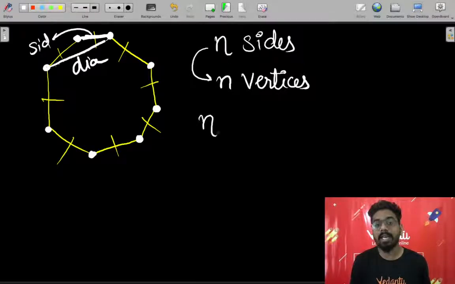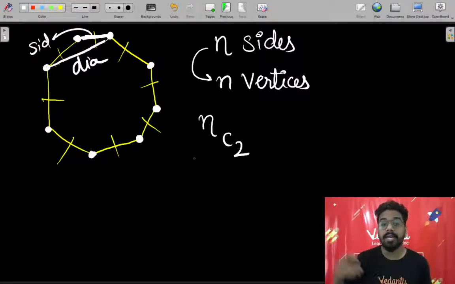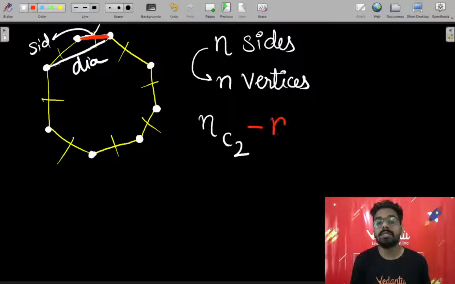So out of n, I will select 2 points. But ultimately in nC2 I have counted sides also, क्योंकि अगर मैं 2 पॉइंट सेलेक्ट करूंगा तो हो सकता है ये दोनों पॉइंट भी सेलेक्ट हो जाए. हो सकता है we will select these 2 points and we will create a side. So we have to subtract the number of sides from nC2 and whatever is left will be the number of diagonals. तो यहाँ पर आप लिख सकते हो number of diagonals के बारे में.